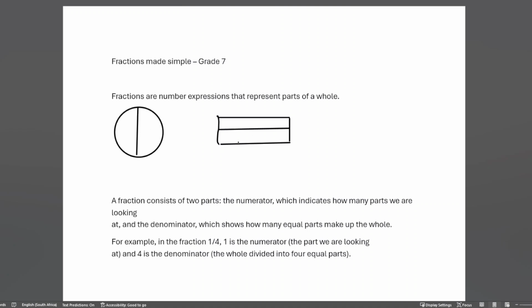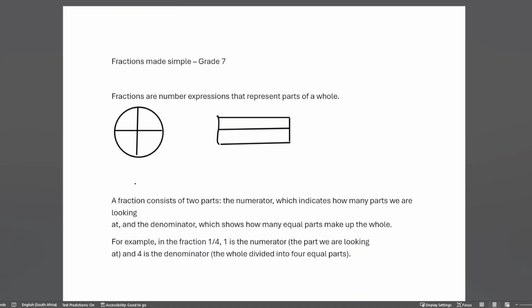Now we can also divide this into more parts, and remember that they are equal parts, right? So this would be one part of the whole, the other one part of a whole, the other part of a whole, and the other part of a whole. So that is why they say fractions are number expressions that represent parts of a whole, right?